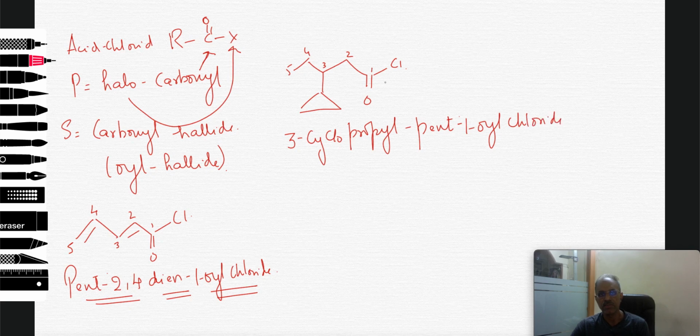Or since, as I have told you previously, the first position means we can write one-oyl also, or we can write directly pentanoyl chloride. Similarly here also. Here we have to precisely mention it: 1-oyl chloride.